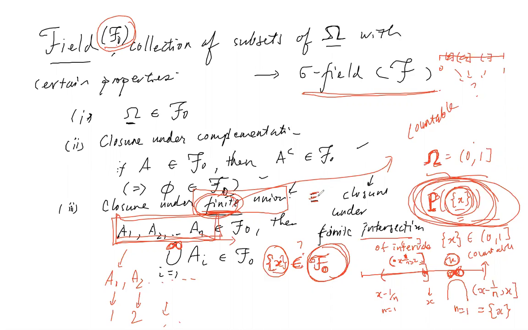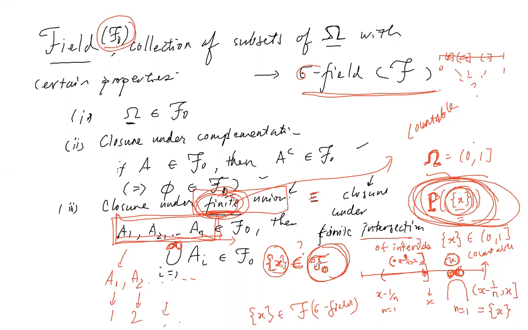That's why the field was extended to the sigma field, where you extend finite to countable. After you do that, your singleton will be inside the sigma field.